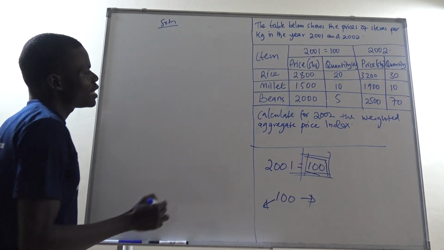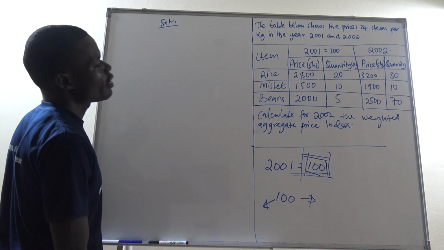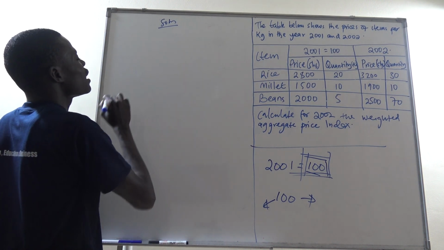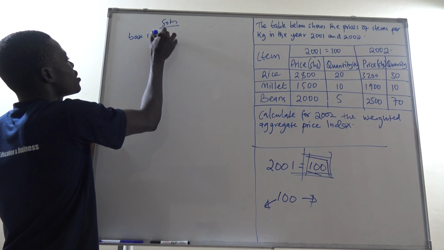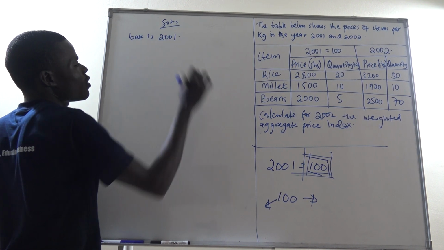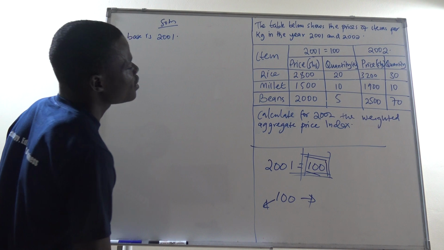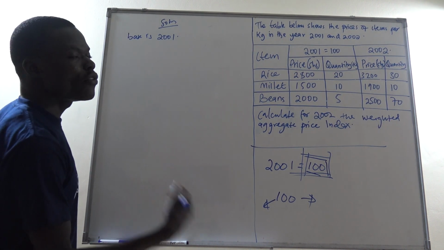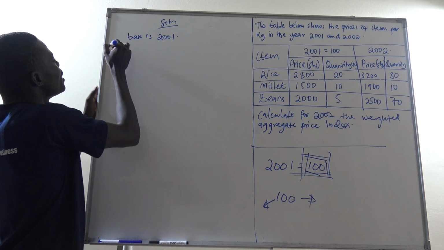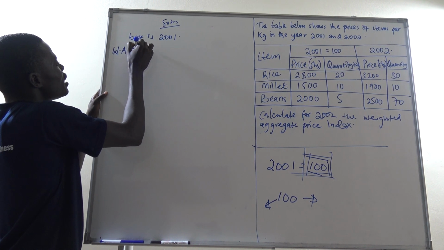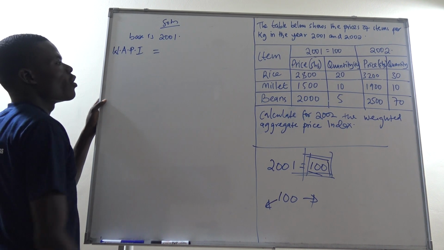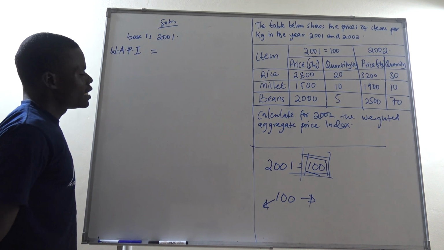From the table which they have given us, our base year is 2001. So after noticing the base year is 2001, how do we find the weighted aggregate price index when we have two quantities?